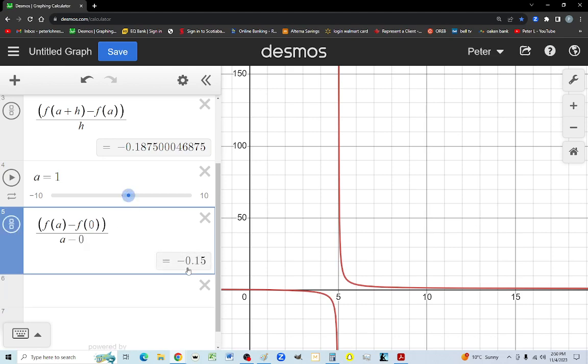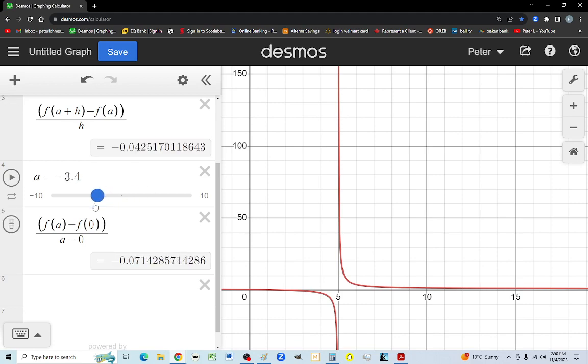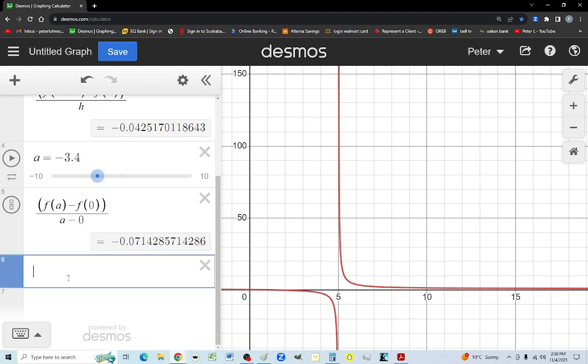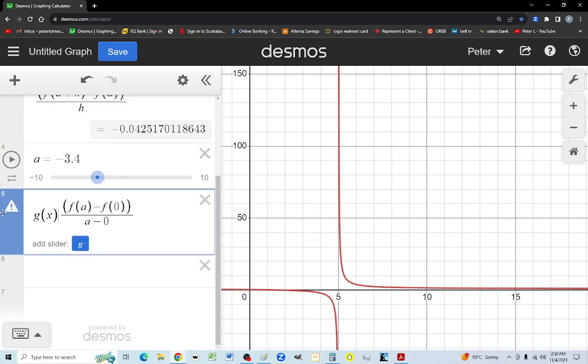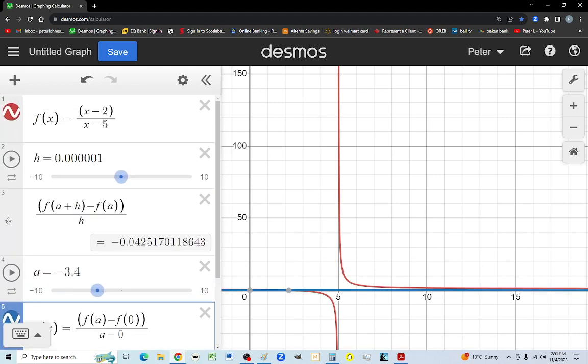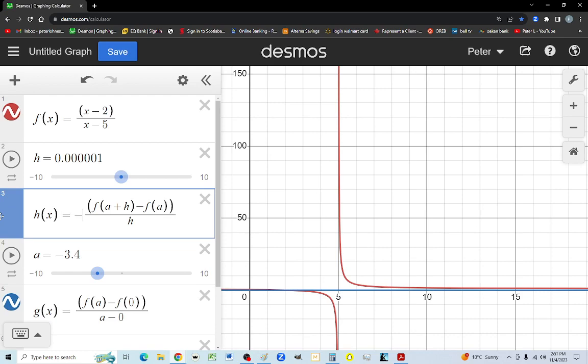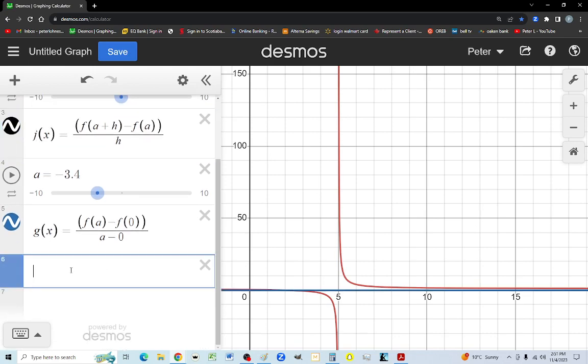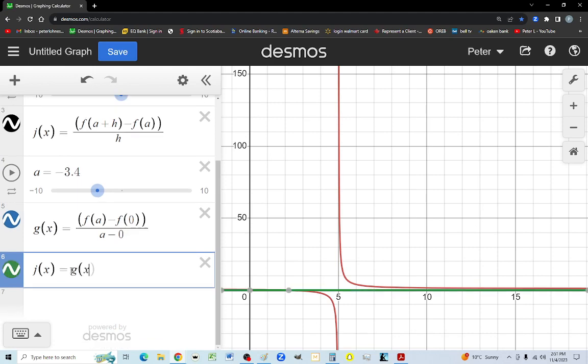And we're going to see when this number matches this number. Let's call this g of x. Let's call this h of x. Okay, j of x. There we go. Let's ask ourselves, when does j of x equal g of x?